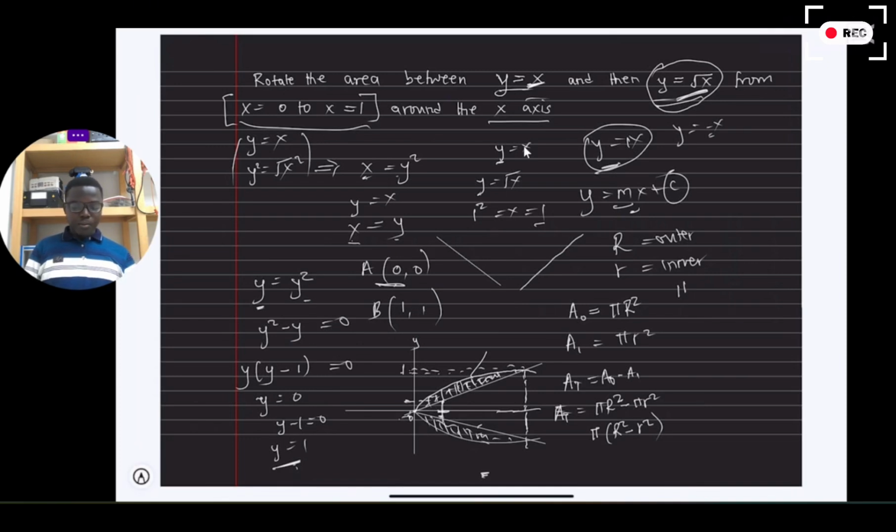When you do that, it will help you to plot or sketch the function. When you sketch it, the next thing is to do a sketch of the revolved function in 2D, like what you are seeing over here. And then I showed you how you can find the radius. When you do the sketching, you know which function is the outer function and which function is the inner function, and that will help you establish the relationship of the radius by using the washer method.